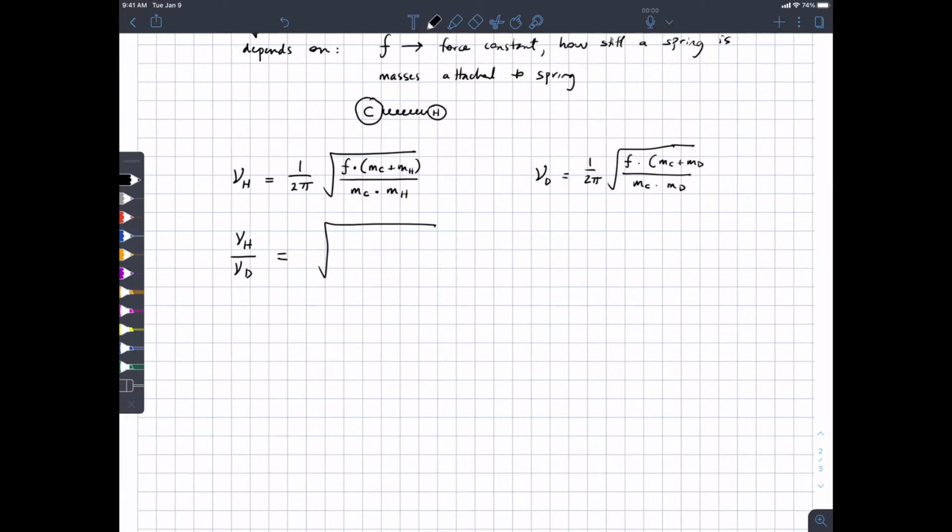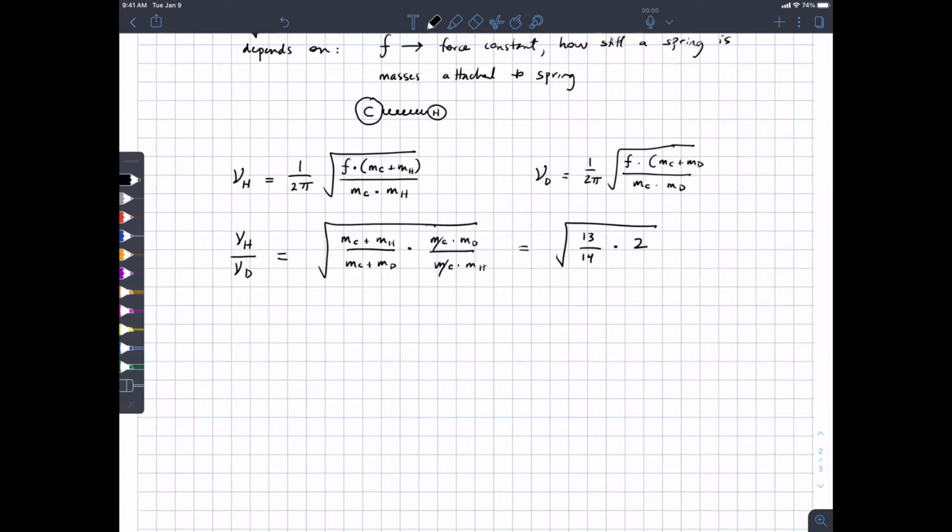Okay, so if we do that, we have over here mass of carbon plus mass of hydrogen divided by mass of carbon plus mass of deuterium, and then mass of carbon times mass of deuterium divided by mass of carbon times mass of hydrogen. All right. Mass of carbon cancels out. We end up with the fraction that looks something like this. 13 divided by 14 times 2.